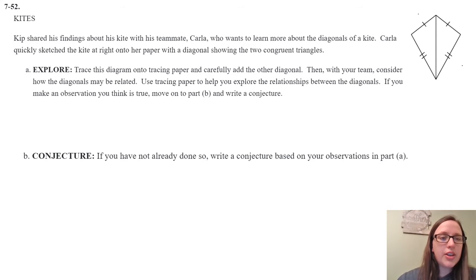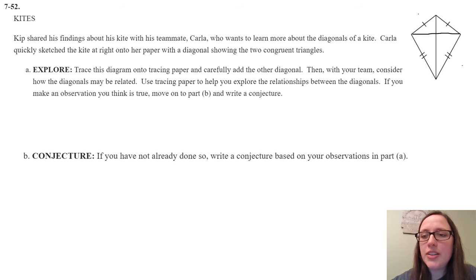And so here, trace the diagram on a tracing paper. We don't really need to do that. And then consider how the diagonals must be related. Sorry, I skipped over some parts. So we need to draw a second diagonal right here. How might they be related?